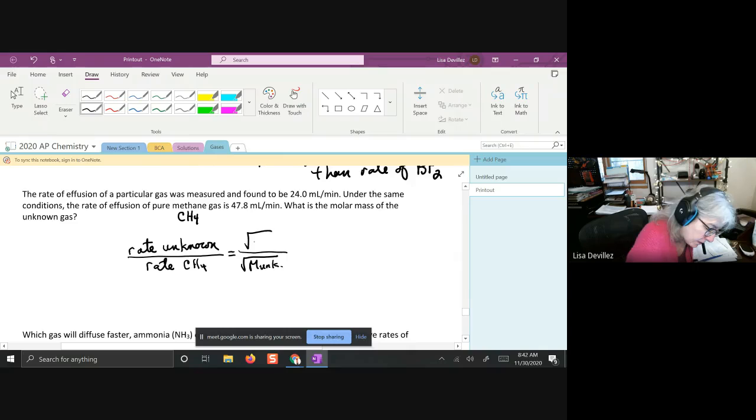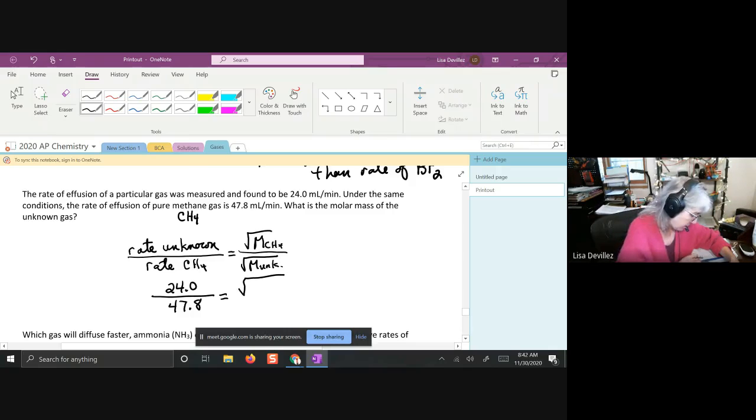All right, so here it's giving us the rates. So the unknown is 24.0 and methane is 47.8. So the square root of methane's molar mass, 16.04, divided by the molar mass of my unknown.